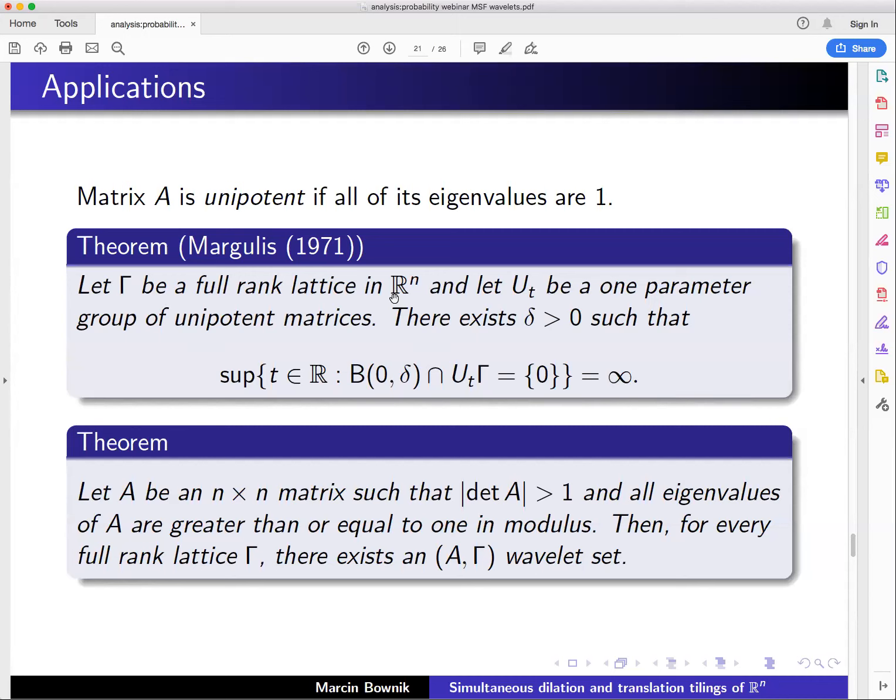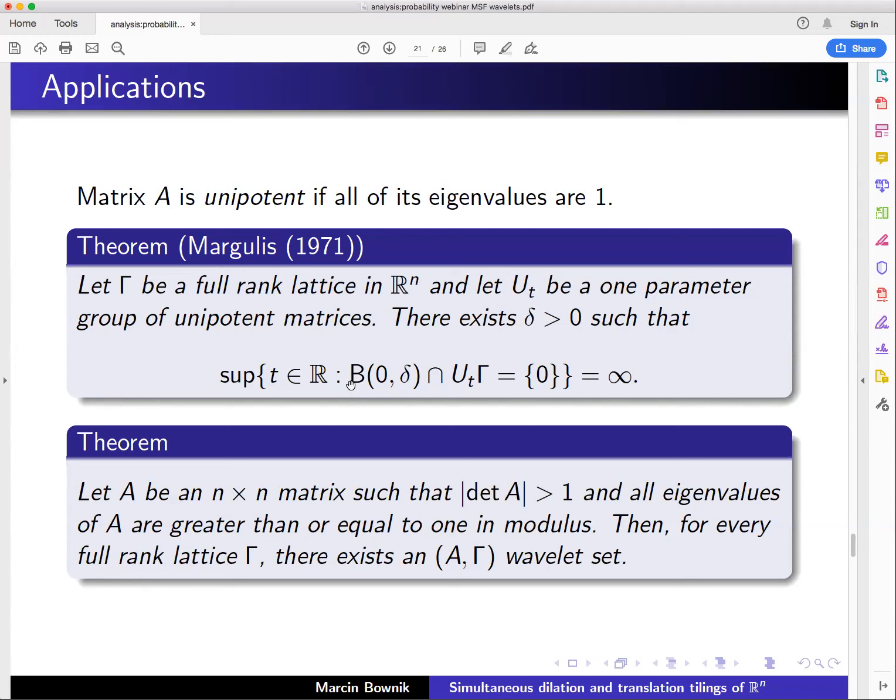When you take a full rank lattice Gamma in R^n, and you have a 1-parameter group of unipotent matrices, then you can find a delta small enough, a radius, so that your ball of radius delta will miss the image of your lattice under the action of this 1-parameter group of dilations, except at trivial points, for infinitely large t.